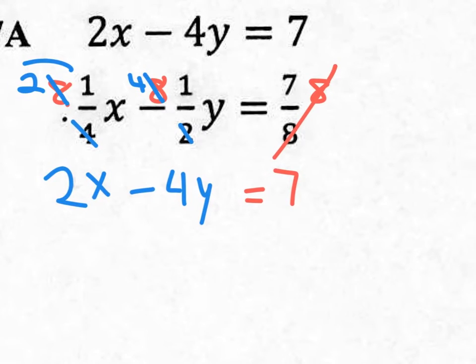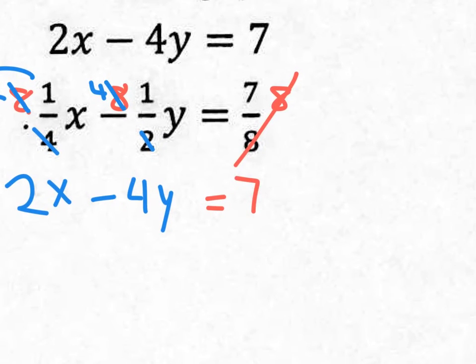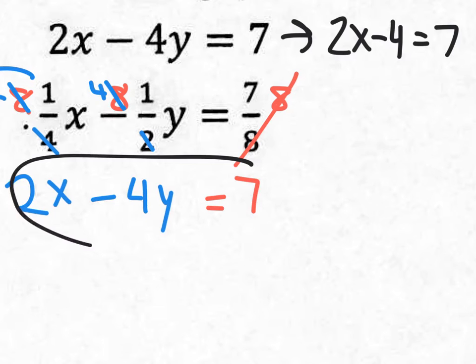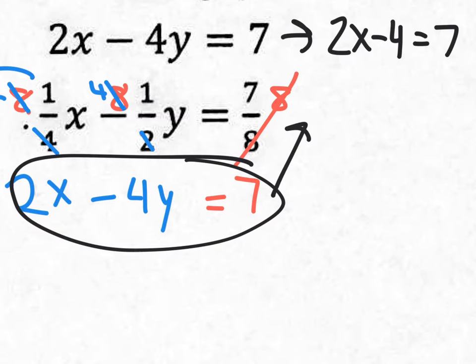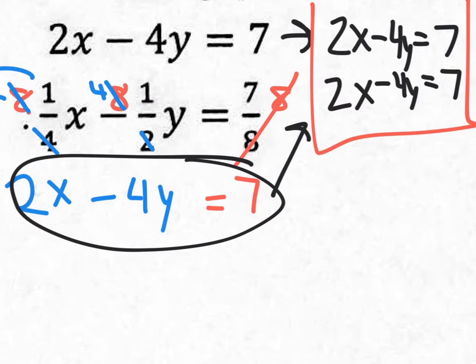So I'm going to rewrite the top equation right here. It's 2x minus 4y equals 7. And I want to rewrite this new equation without fractions right there. It's 2x minus 4y, oh I forgot the y on the top one, equals 7 also. So guess what, guys? This is your 2x2 system that you need to solve, but it's the same exact equation.